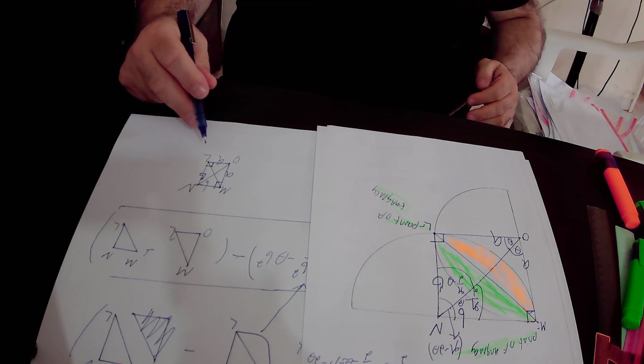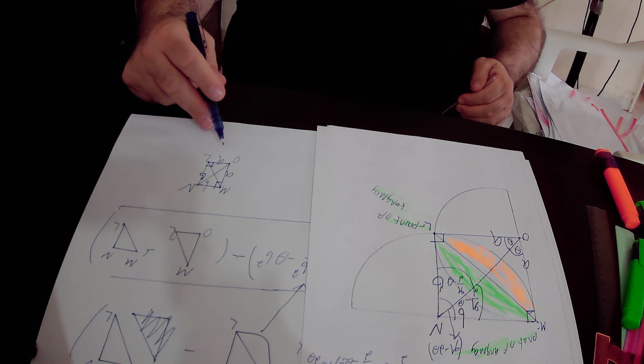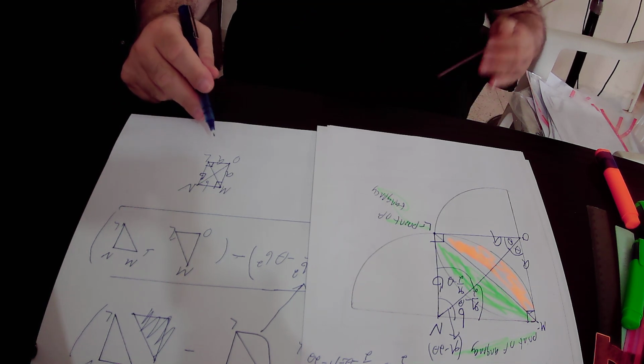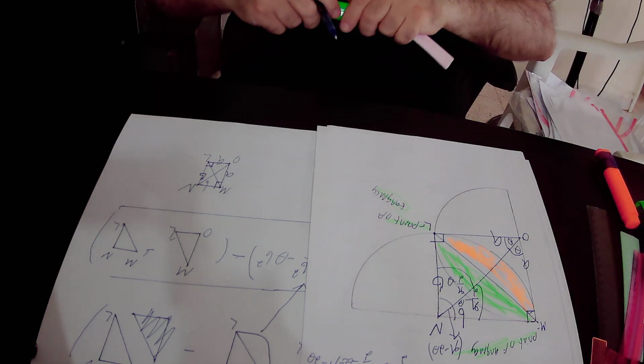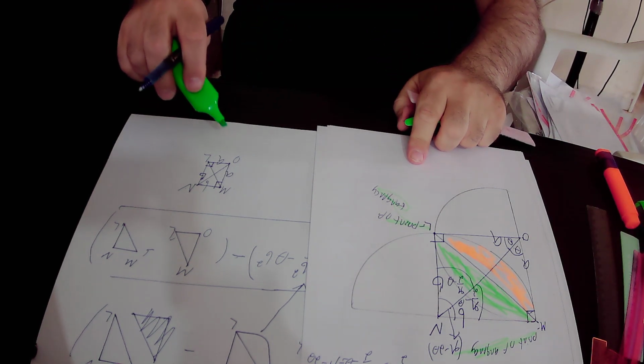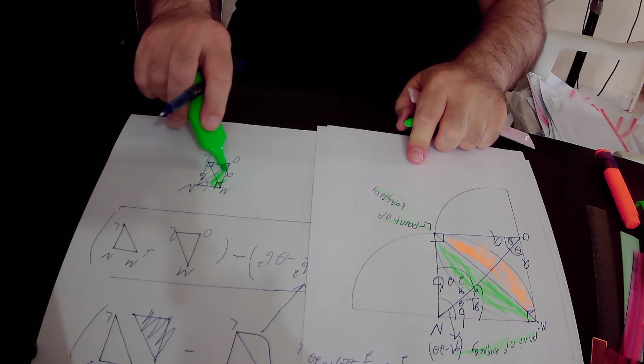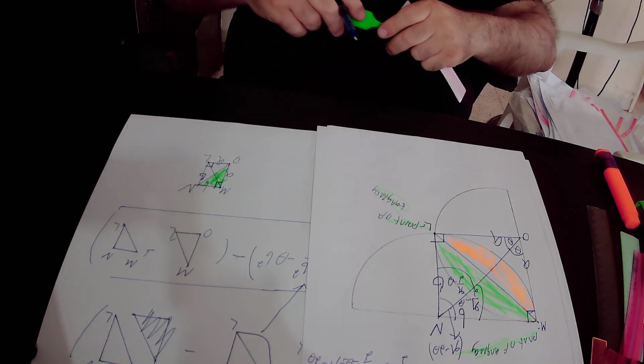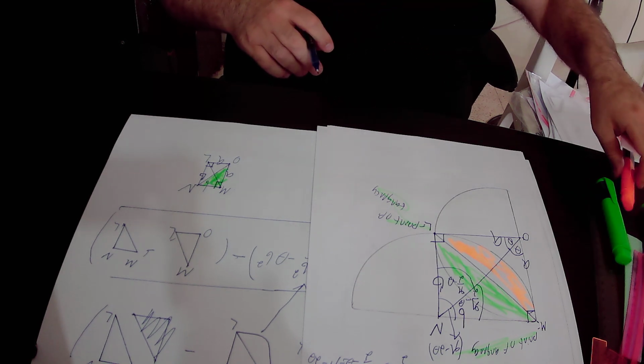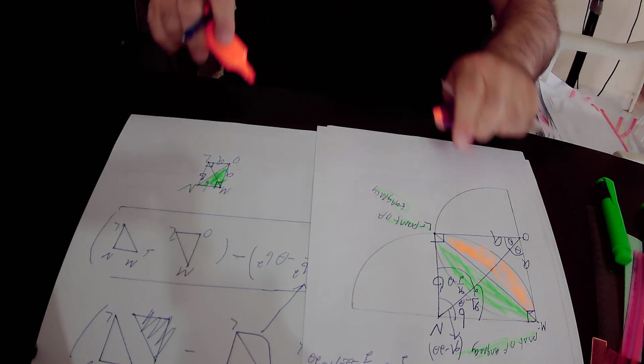By joining points N and O by a straight line, we created two right triangles: the green right triangle OMN, and the orange right triangle ONL.